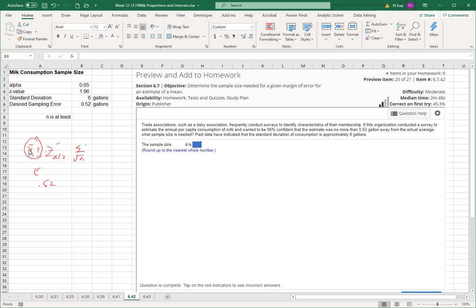So 0.52 is equal to 1.96 times 6 divided by the square root of n. We just have to solve for n here. We'll bring the square root of n over to the other side, multiply both sides by square root of n while dividing by 0.52: 1.96 times 6 over 0.52, all of that squared.